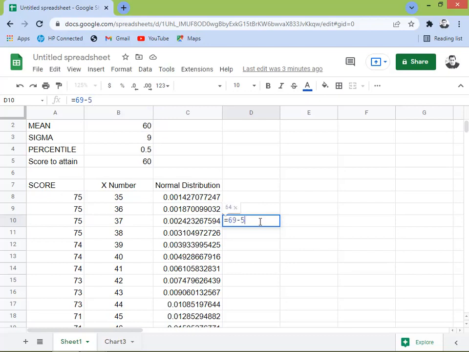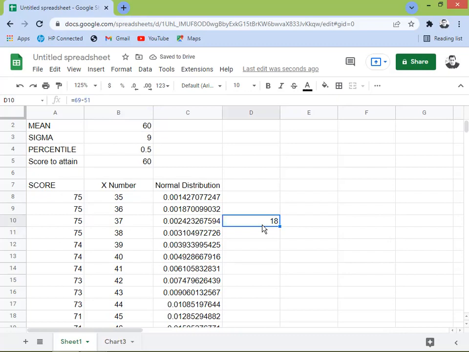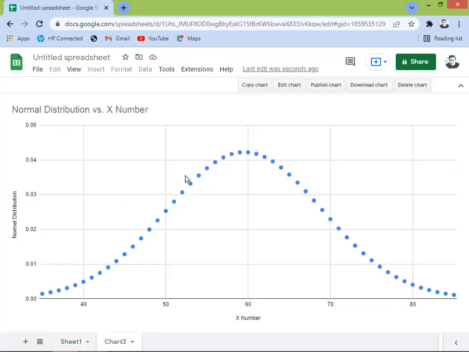So 69 minus 51, our observation is 18. Between 51 and 69 in this area, our median is right in the middle, 60.